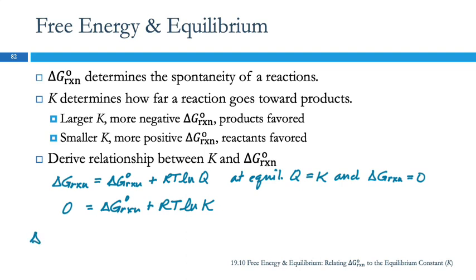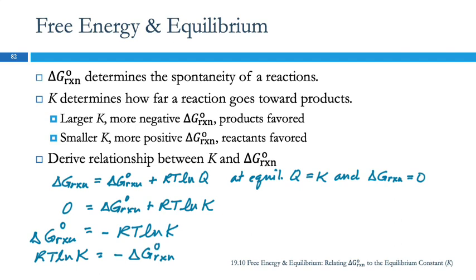We could see that delta G0 is equal to negative RT natural log of K, or we could say that RT natural log of K is equal to negative delta G0, which are really the same thing. The equilibrium constant is related to the standard free energy change.